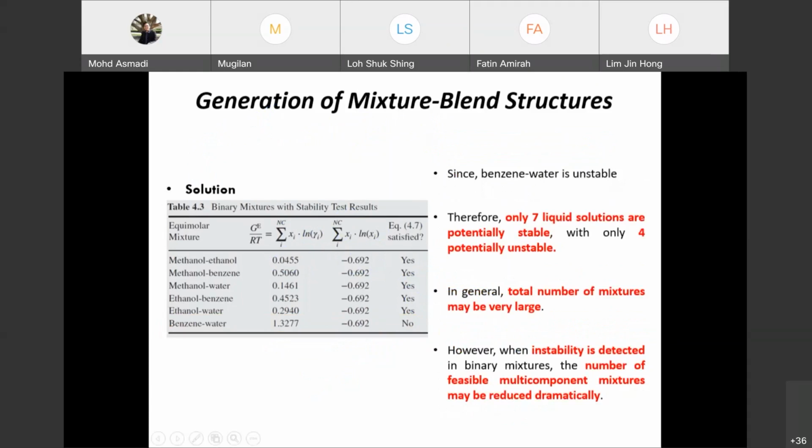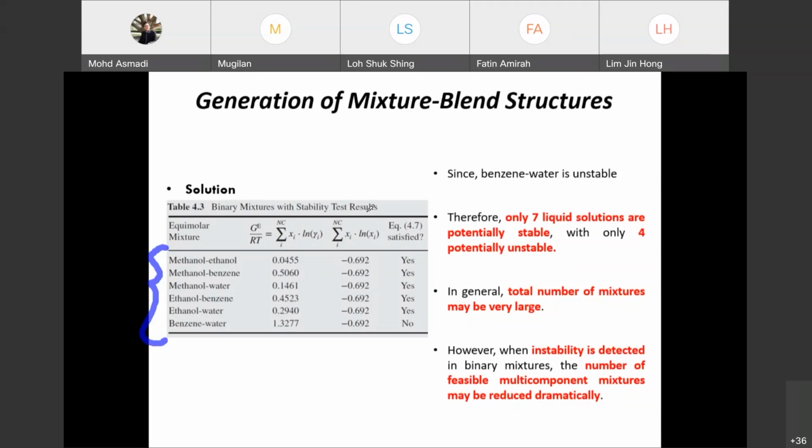We can generate up to 11 maximum. This is just some of the binary mixtures and ternary mixtures. We didn't calculate for the ternary. If you want to read more, you can refer to the example.